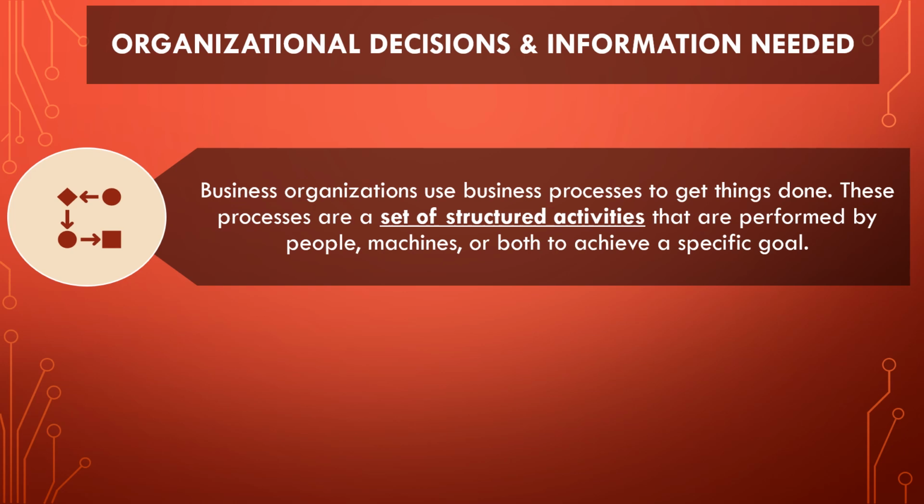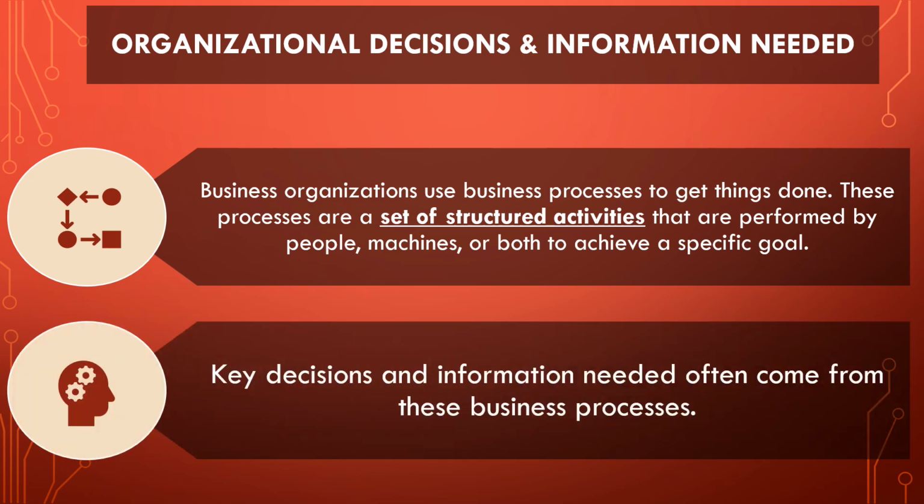So we need to structure these activities of selling, marketing, production, and purchasing raw materials. All of this should be structured in a very organized way, involving the people and the machines, to achieve that specific goal.